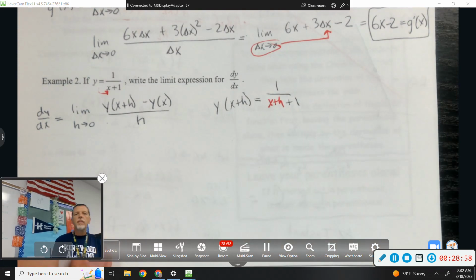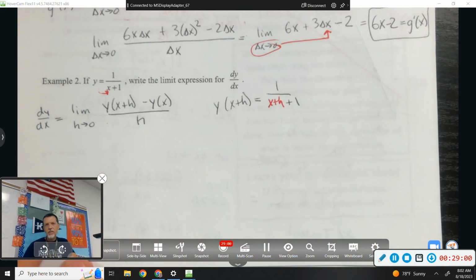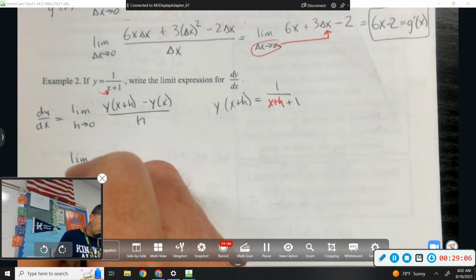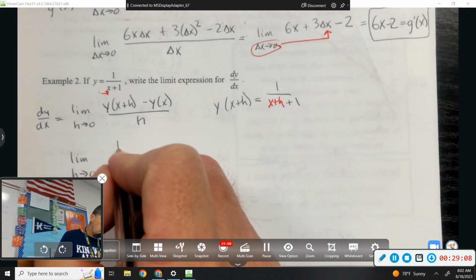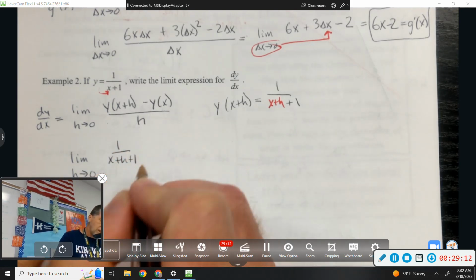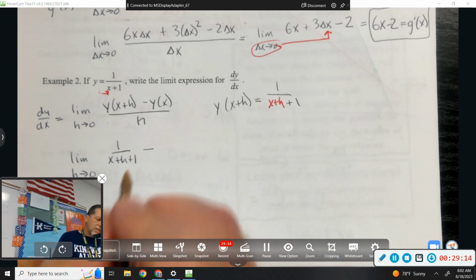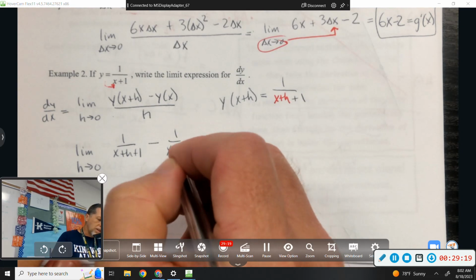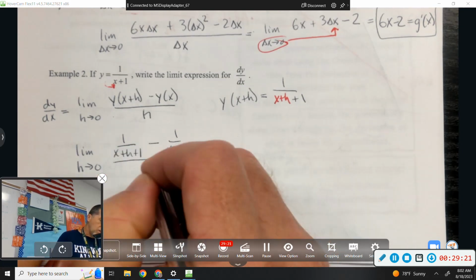So 1 over x plus h plus 1. So limit as h approaches 0, 1 over x plus h plus 1 minus y of x, which is just 1 over x plus 1, all over h.